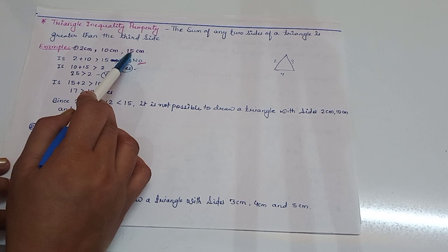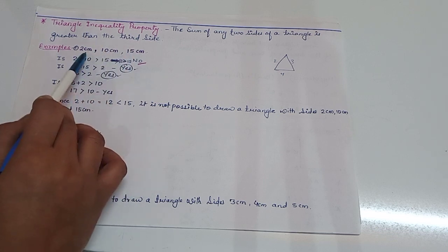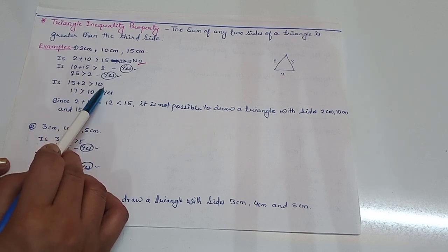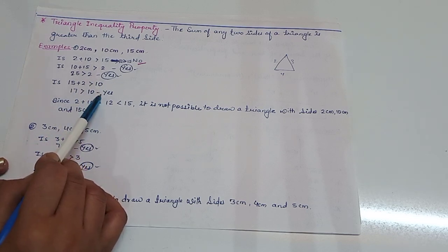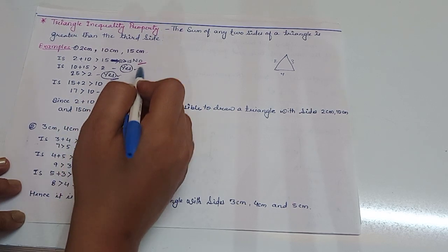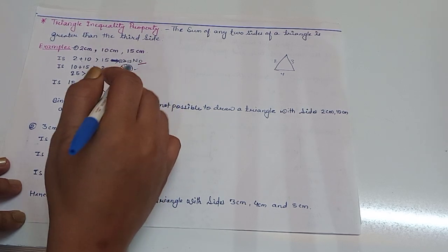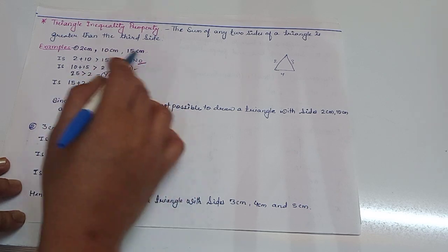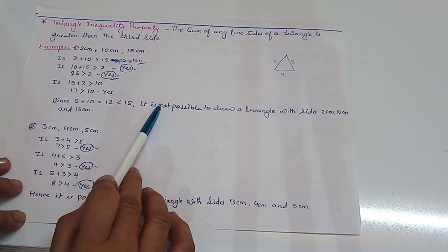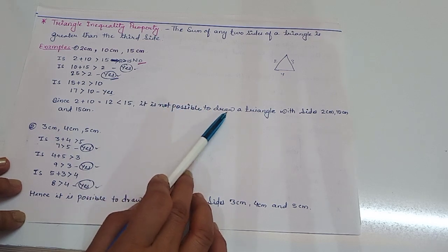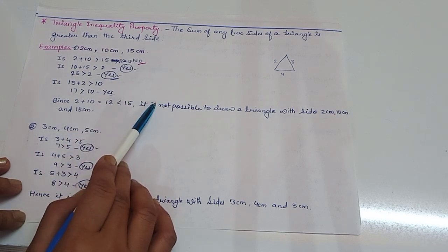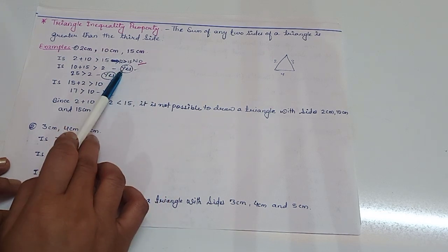Now I will take the next two: 15 plus 2, yes, is greater than the third side, 10. It is also fulfilled. So we can see two conditions are fulfilled, but one condition is not fulfilled. So where all the conditions are not yes, we will say that it's not possible to draw a triangle. Even if one condition is no, it is not possible to draw a triangle with those particular sides.